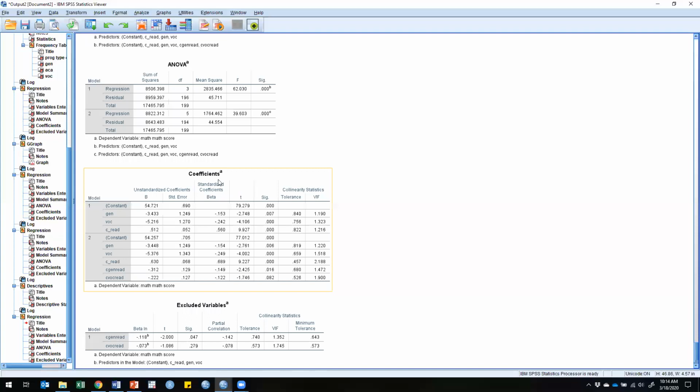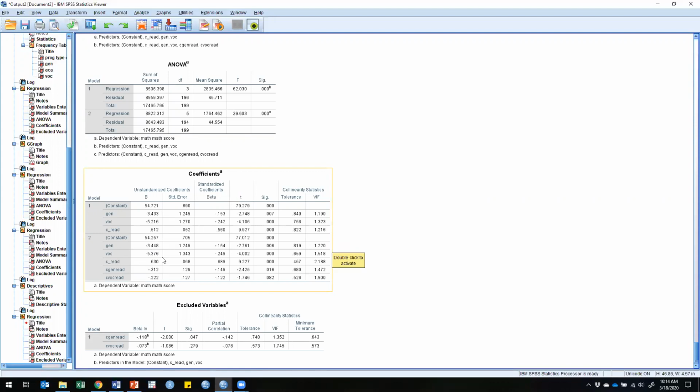What does change here are our coefficient estimates. Notice the variance inflation factors are much more reasonable now. And notice our constant has changed. The values for the conditional effects of general and vocational change.